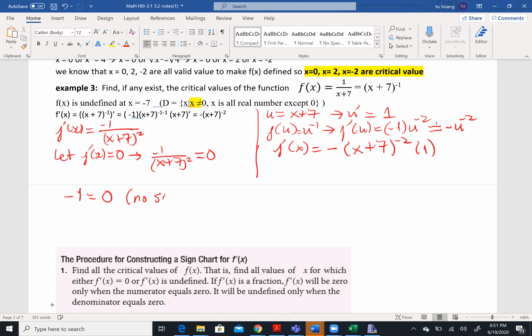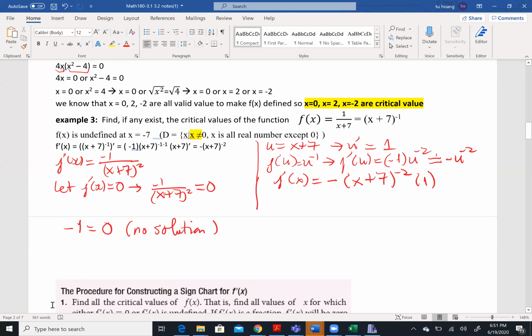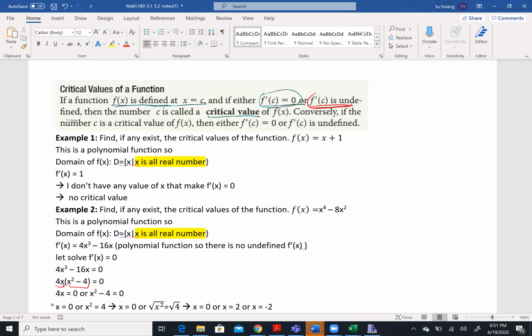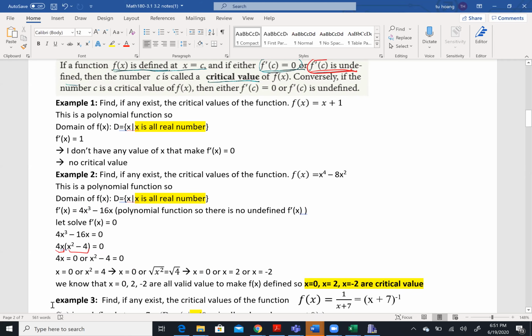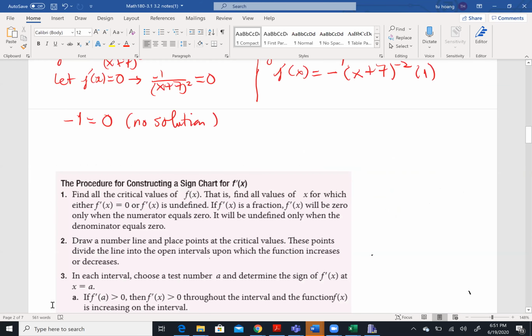There's no solution that makes f derivative of x equal 0. So in this case, you don't have a solution to get f derivative of x equals 0. But you may have to think about the case that f derivative of x is undefined, right? So you also have to think about where f derivative of x is undefined. If so, then maybe you're going to have a critical value.